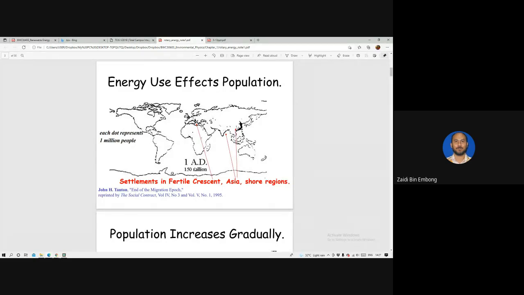So during 1 AD, the human population around the world was maybe around the Ganges River, somewhere around China, and then maybe in Malaysia. That's why if you go back to the era of the Malacca Sultanate, Malacca became a big empire a long time ago, because Malacca is very close to the estuary of the river.